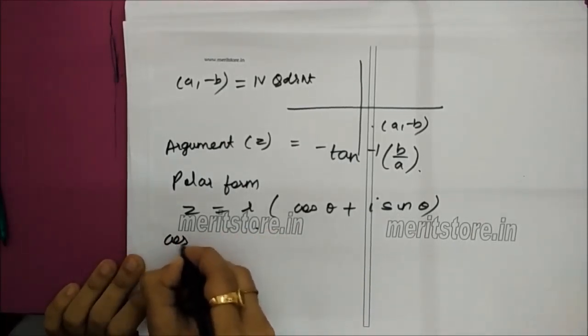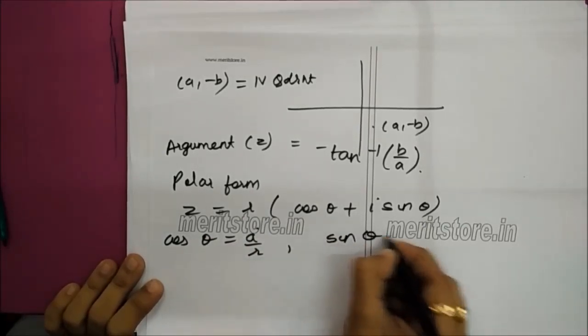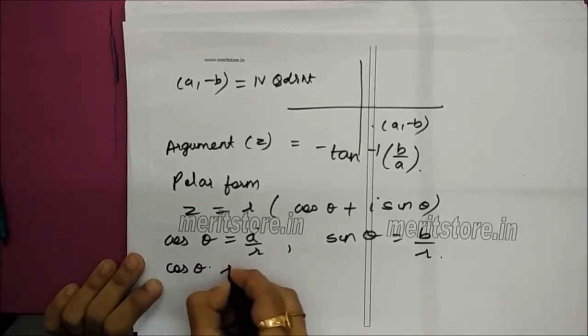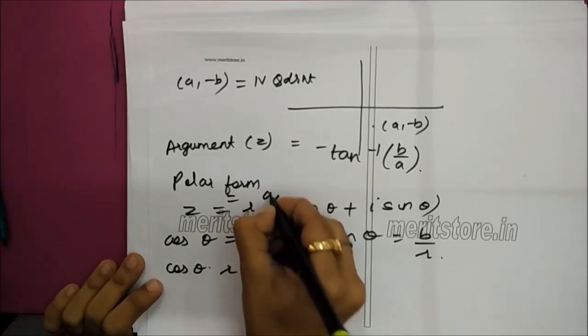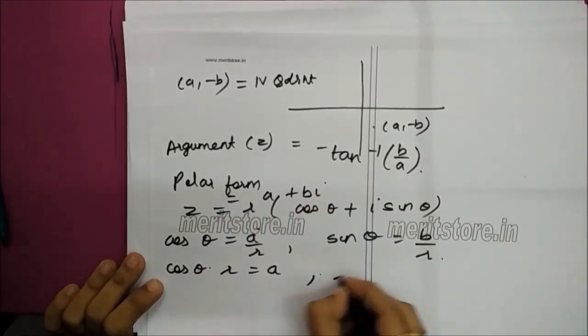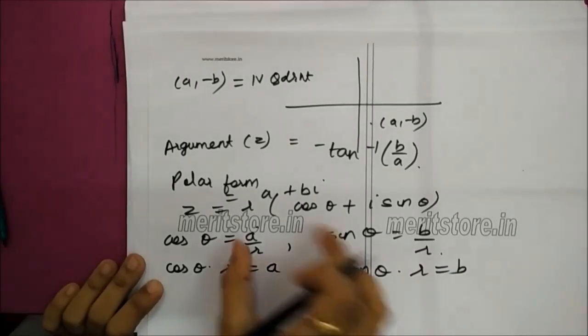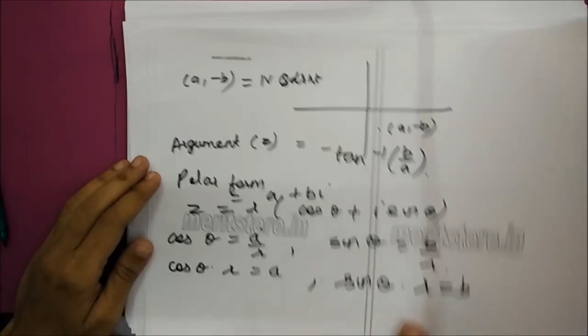Your cos theta is equal to a upon r and the sin theta is equal to b upon r. So this is r cos theta, that is a, and r sin theta is equal to b. R will be taken common and this expression comes. That is polar form.